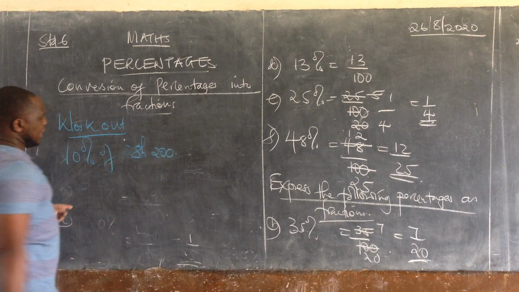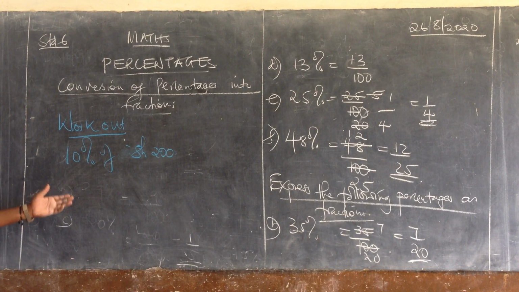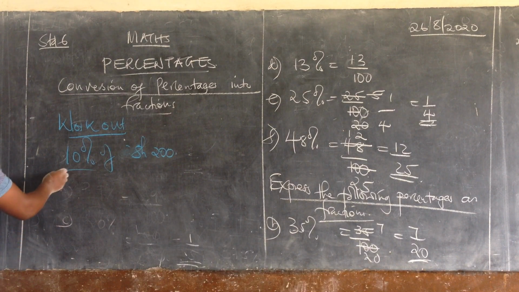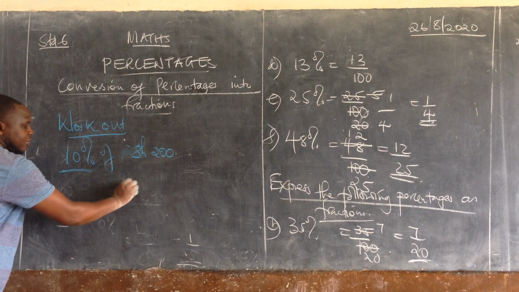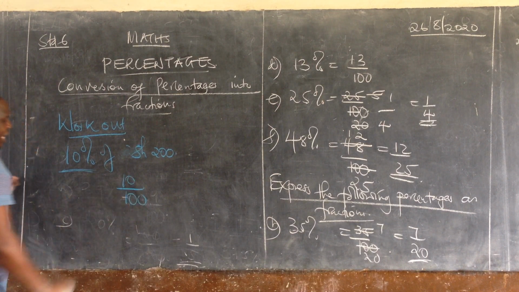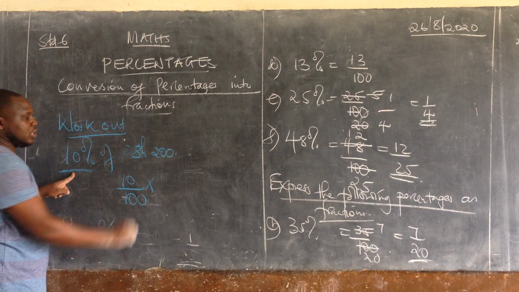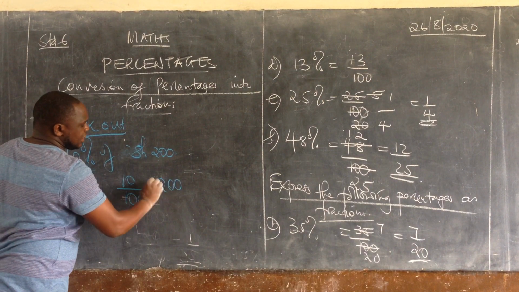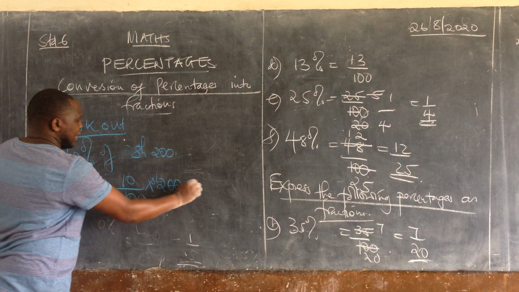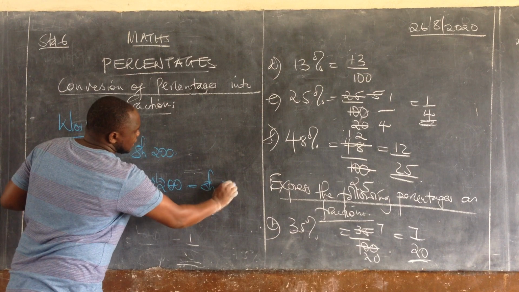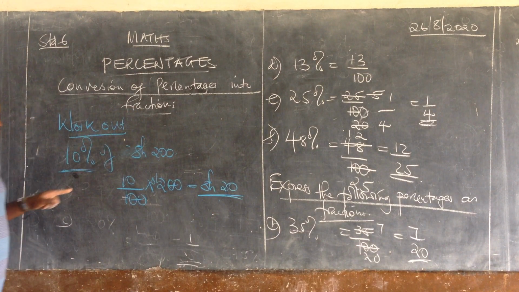You might have come across this type of question even in the paper that I gave recently. 10% can be written as 10 over 100, so you write this as a fraction. 10% of means multiplication, 200 shillings. In this case, you realize 10% of 200 shillings is simply 20 shillings. So your answer becomes 20 shillings.